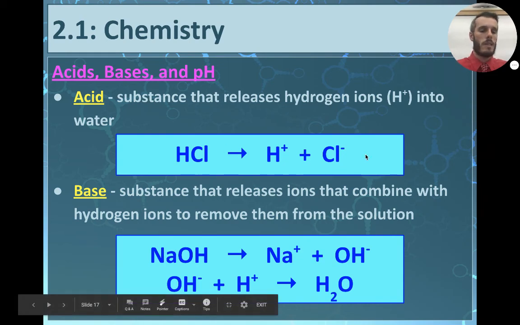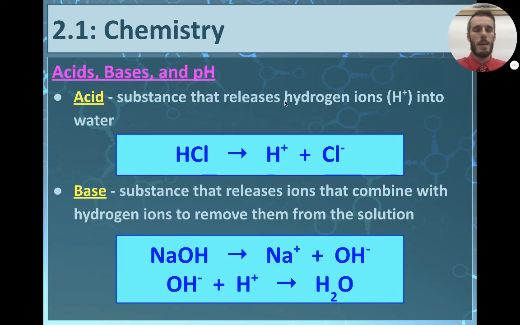Okay, so one of the last concepts in chapter 2 are acids and bases. So an acid is a substance that will release hydrogen ions into water. So for example, hydrochloric acid, which is one of the main components of your stomach acid, will release hydrogen ions in solution, whereas a base, when it is introduced to a solution, will kind of like eat up those hydrogen ions.